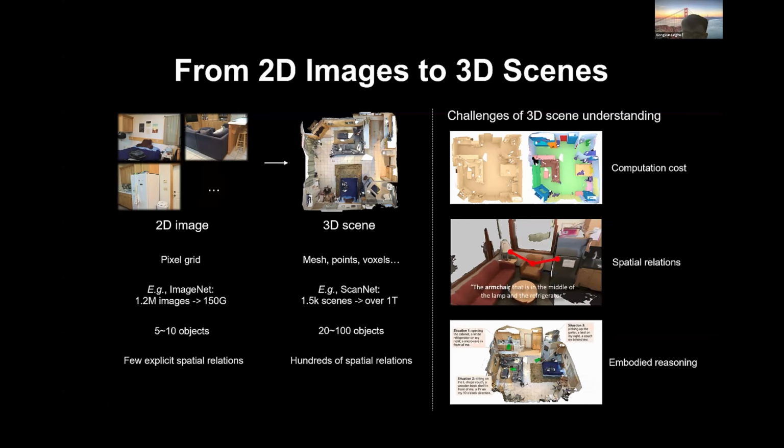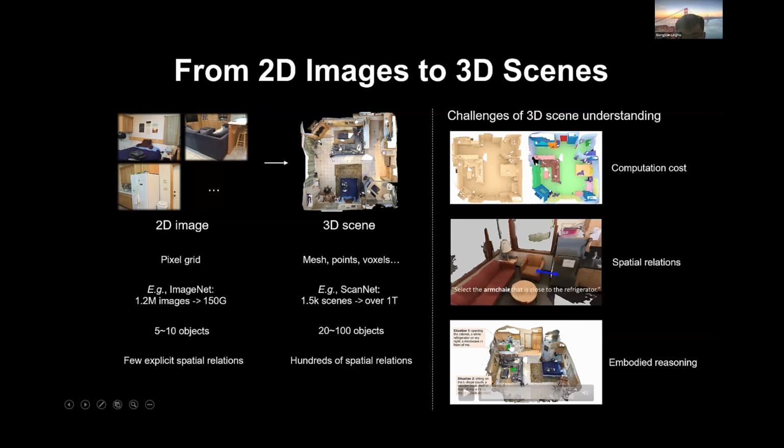The last one, I think, is one of the unique challenges in 3D scenes: it includes embodied reasoning, which means that when we answer a question in a 3D scene, the answer actually depends on what the situation is.